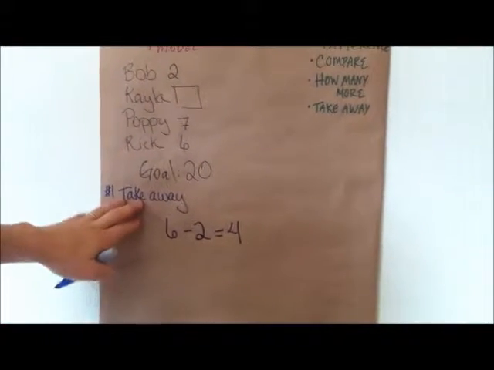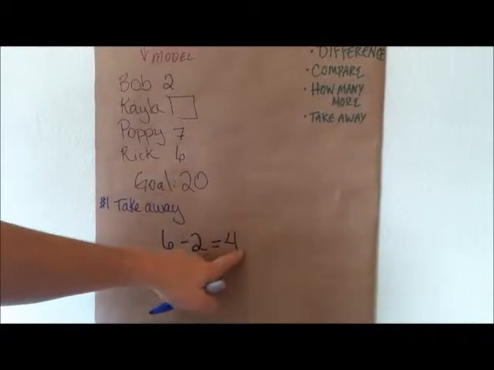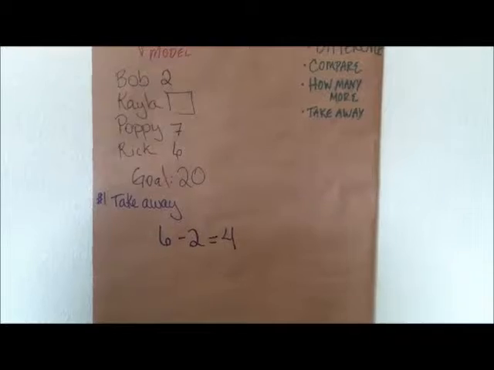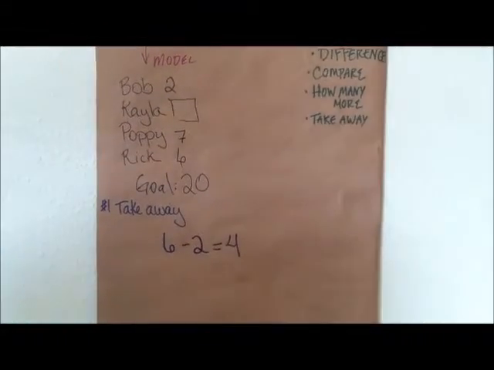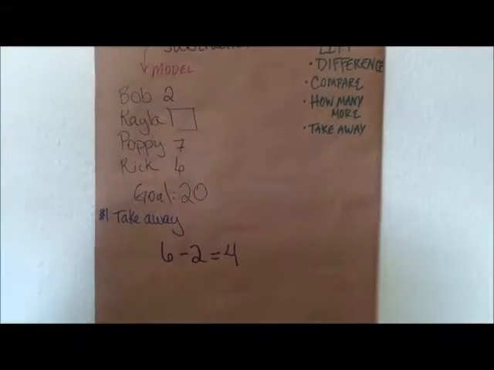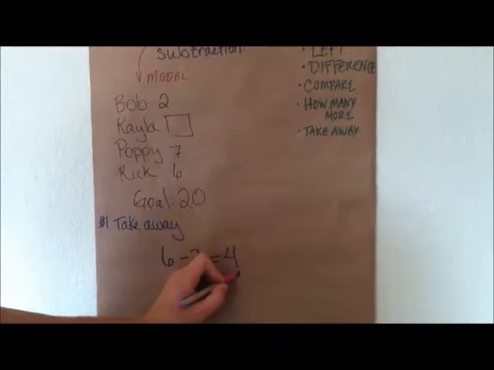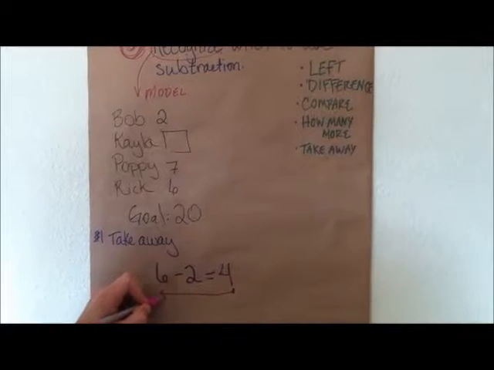So I used an equation to show takeaway, but I want to make sure that this answer is correct. So what I'm going to do is I'm going to use the related fact to solve and check my answer. So what I do for the related fact is I just start here at the 4 and I go backwards.